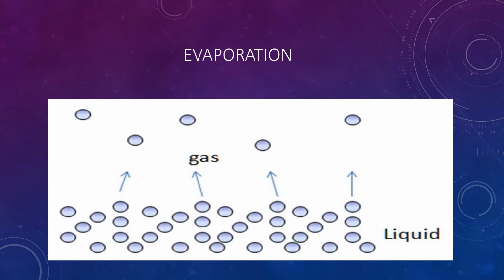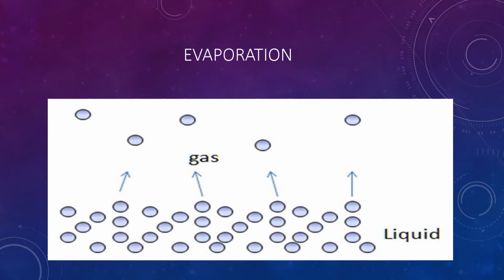The molecules at the upper surface don't have the intermolecular force of attraction from all the surroundings. Only the molecules which are lower will have intermolecular force of attraction with them.